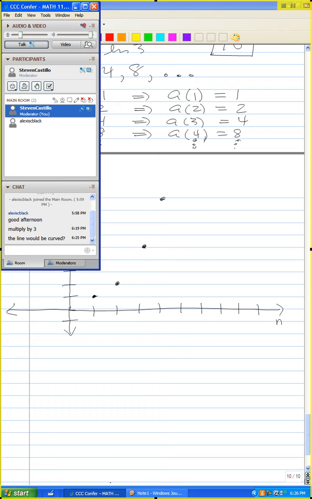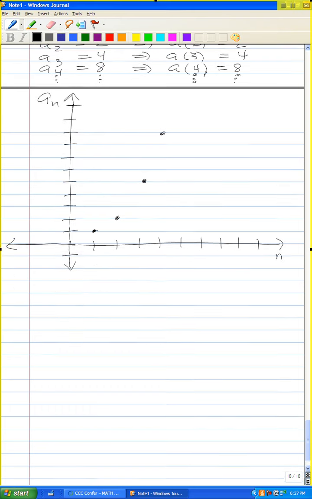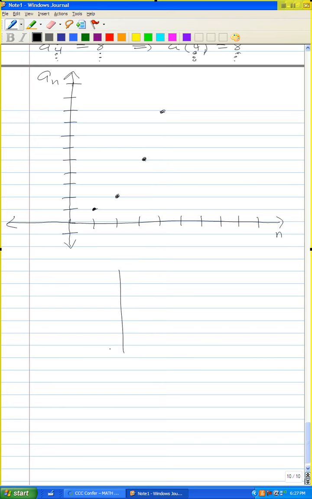Yes, the line would be curved. So basically, it looks like the graph of y equals 2 to the x. Well, actually 2 to the x minus 1. It looks like the graph of that.